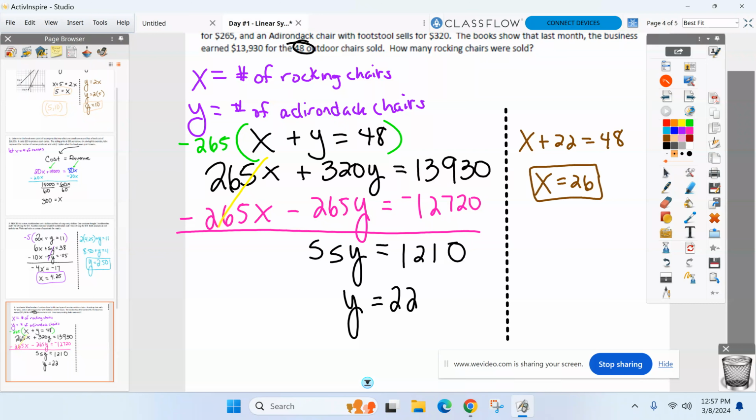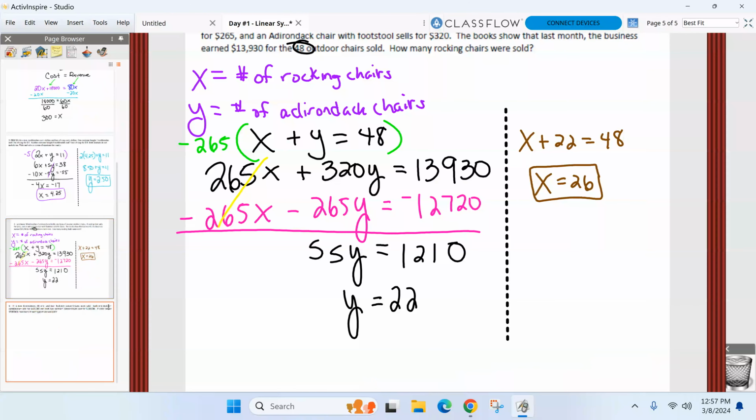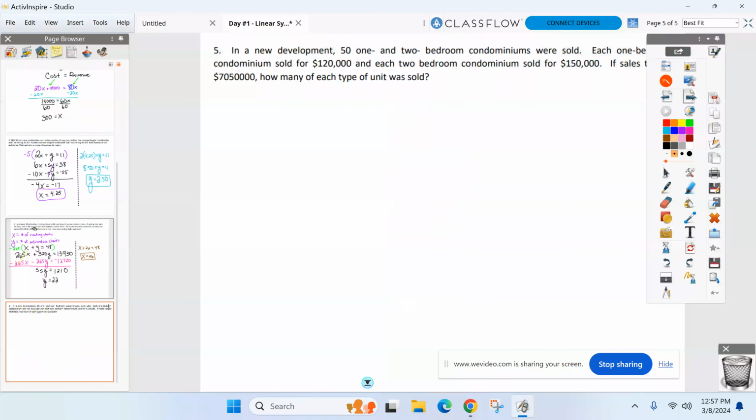Other questions before we get to this last one? Numbers are going to get a little large here on the next one. All right, go ahead here. One bedroom condos, and it looks like two bedroom condos. You guys see how much the sales were?